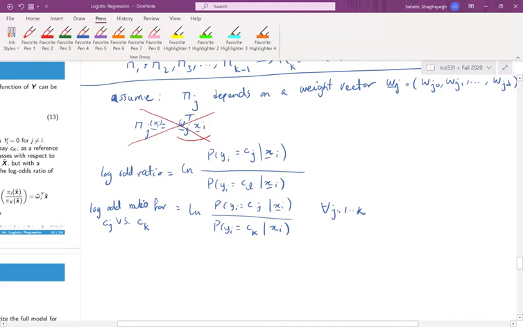Okay, and from the binary case, you remember that when we calculated the log odd ratio, we saw that 1 unit change in xi resulted in a linear change in log odd ratio with the weight of w, right?